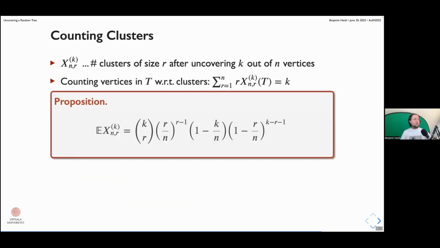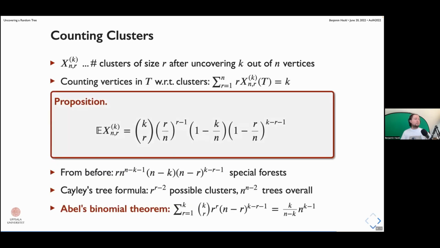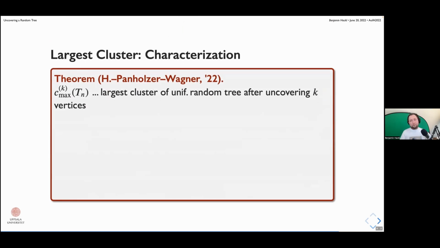I'll skip this slide and end with some remarks on the characterization of the behavior of the largest cluster. Basically, we can take these results that we have found for the root cluster and carry over some of them to analyze the largest cluster, because at a certain point, the largest cluster will be the root cluster.